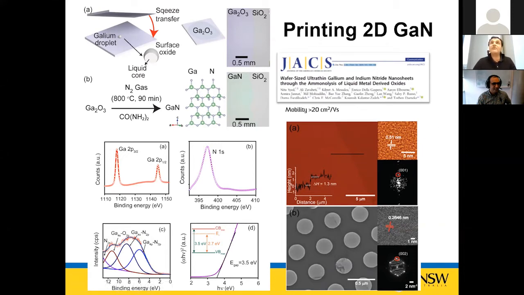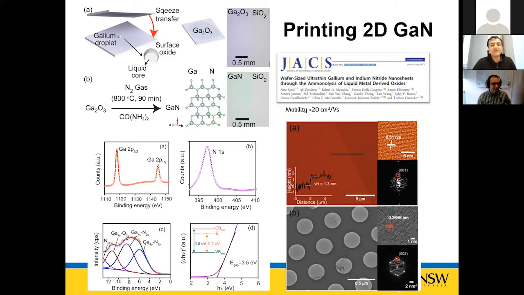Gallium nitride is a very famous material. If you look up and if you have these energy saving lights that have LEDs in them, they're made of gallium nitride mostly. They're wide band gap semiconductors. Their mobility is very high, and the base material is gallium. So we did the same thing.